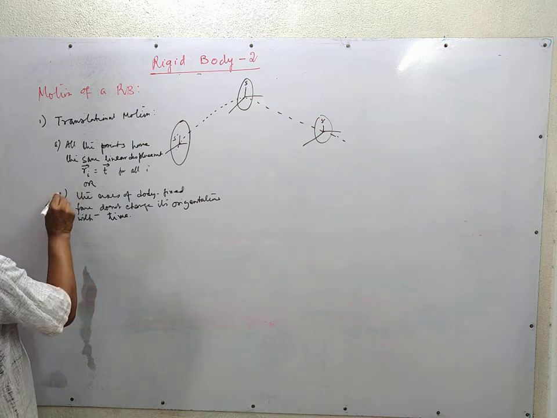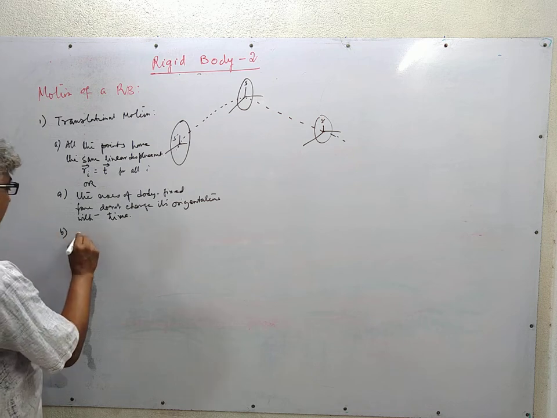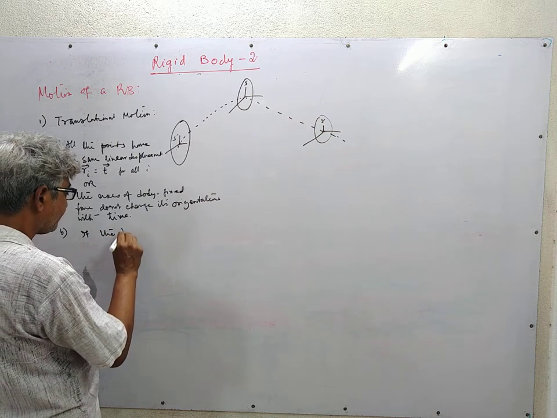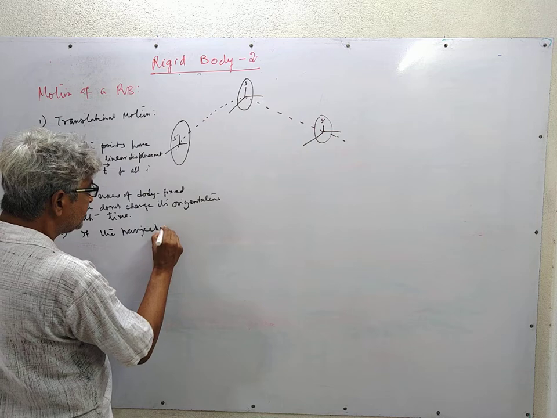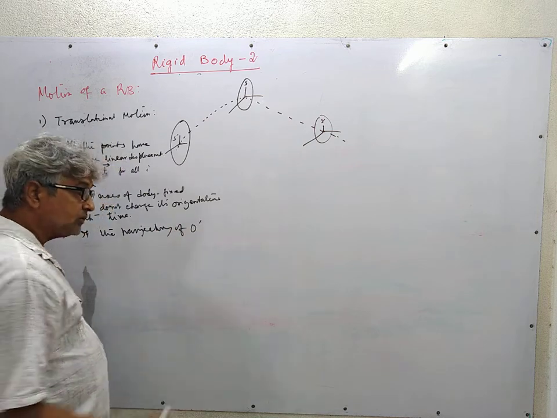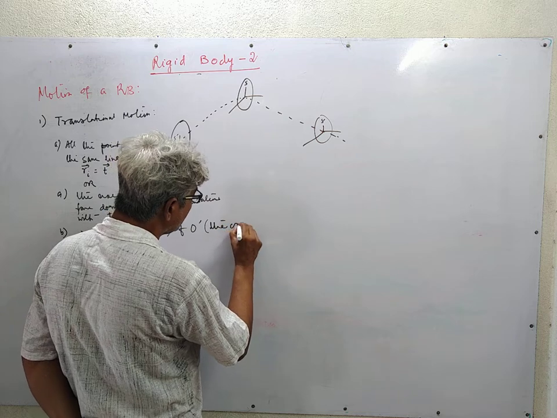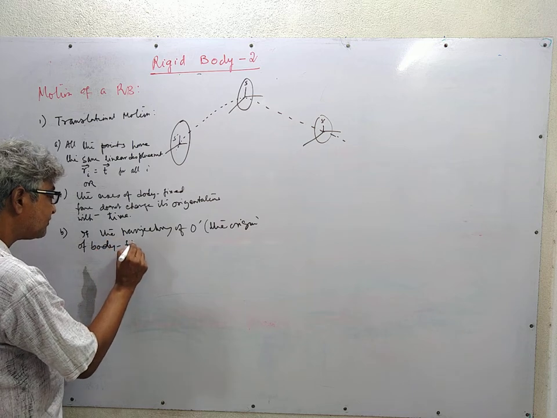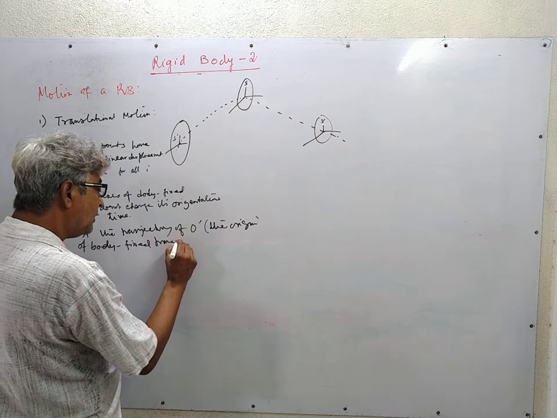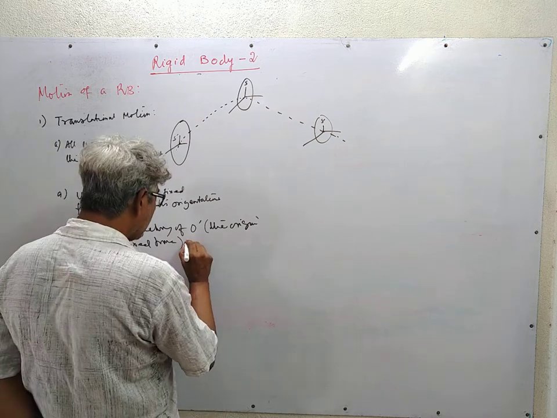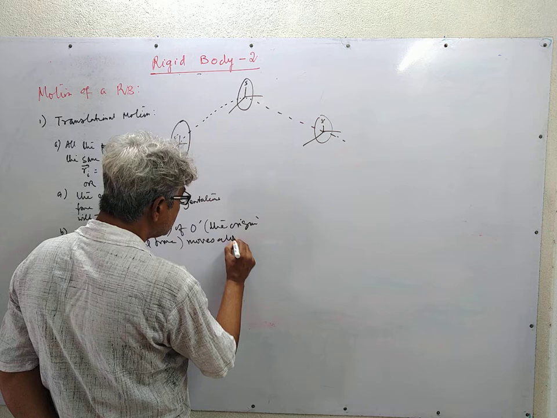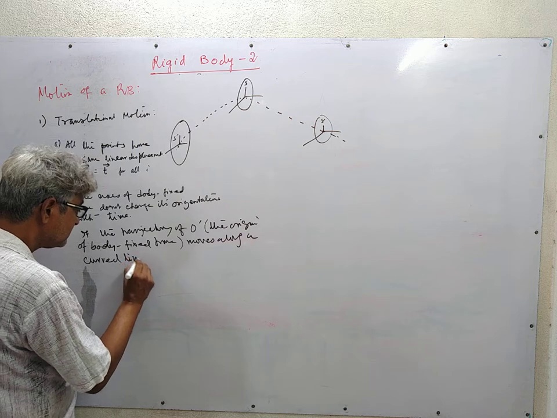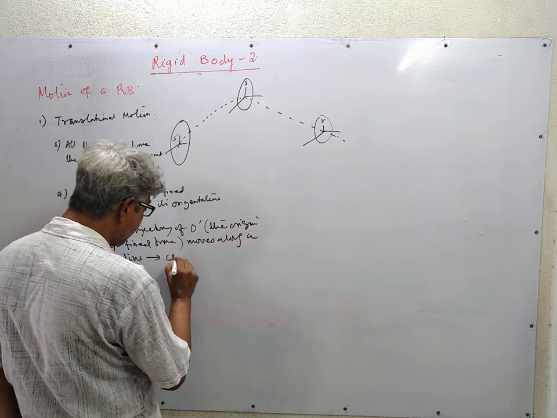So this should be A. An alternative definition, B, is: if the trajectory of O prime, the origin of the body fixed frame, moves along a curved line, this is curvilinear translational.